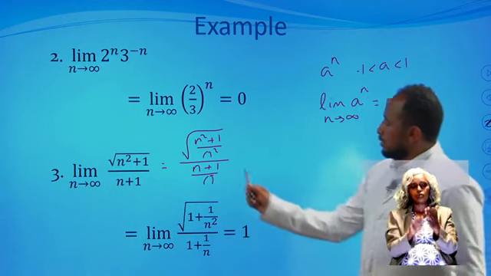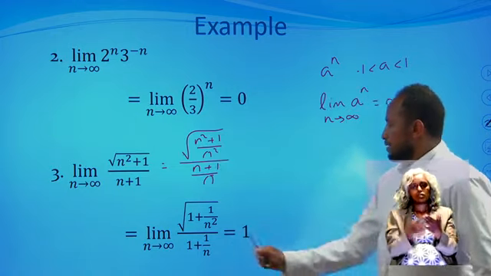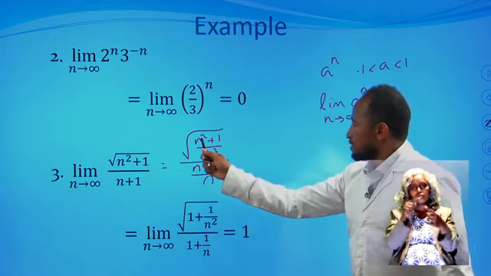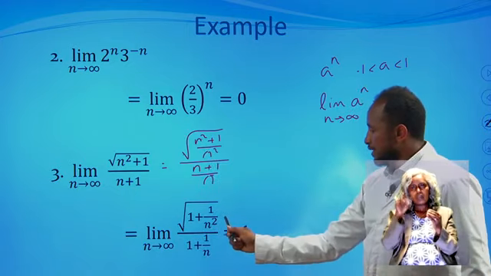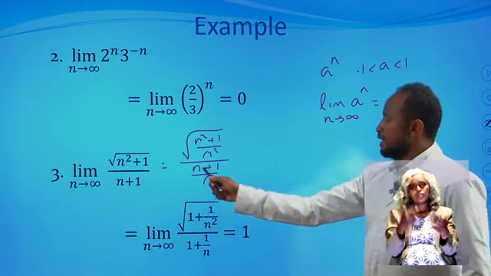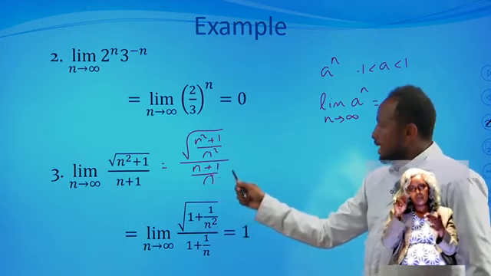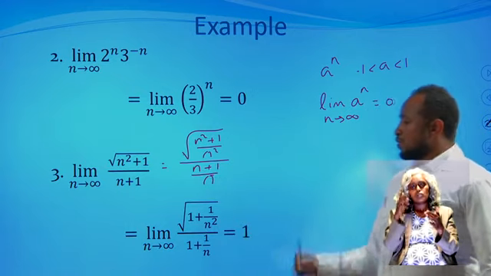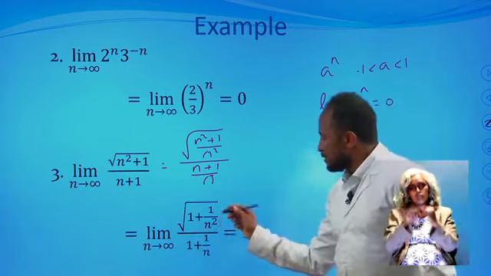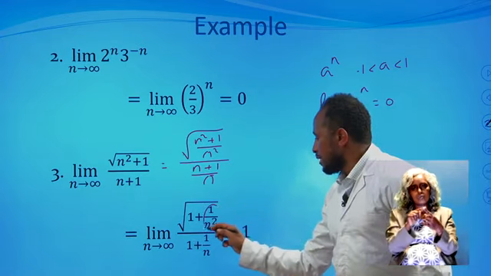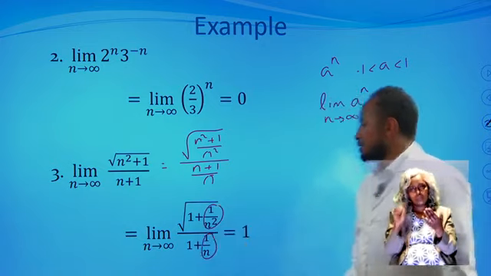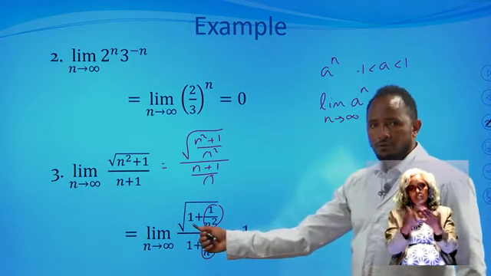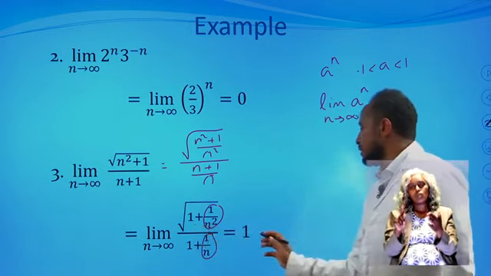So the result will be the square root of 1 plus 1 over n squared, divided by 1 plus 1 over n. At infinity, this part goes to 0, and this part also goes to 0. The final answer will be the square root of 1 over 1, which is 1.